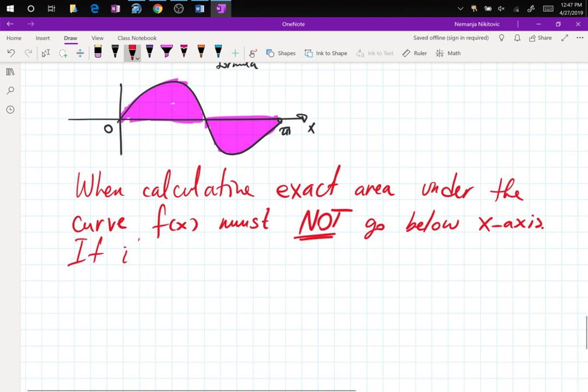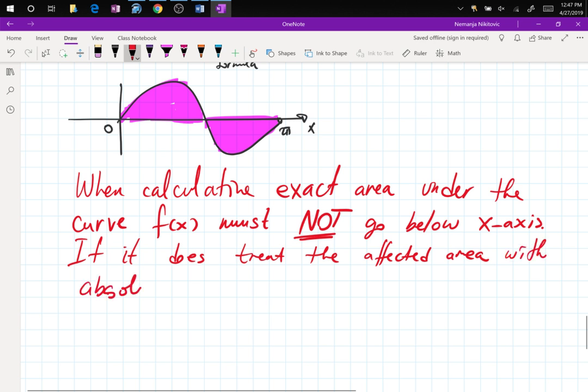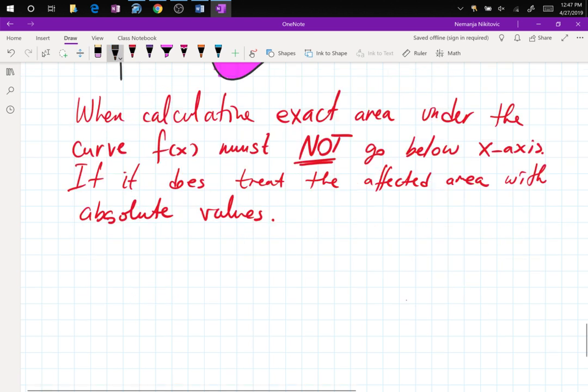If it does, treat the affected area with absolute values. And this is where we get to fix our problem.